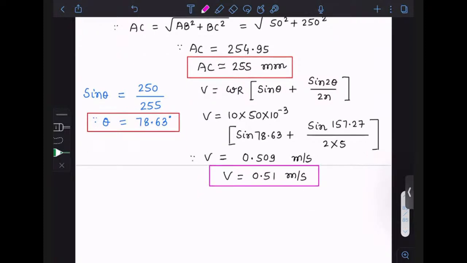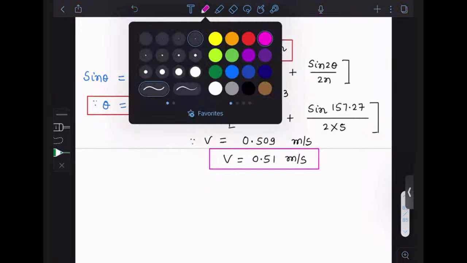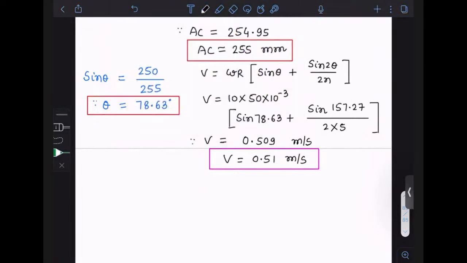Now tell me the acceleration. What is the acceleration? Omega square r times cos theta plus cos 2 theta by n. Omega square r.